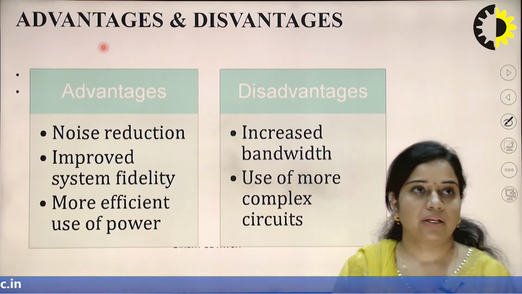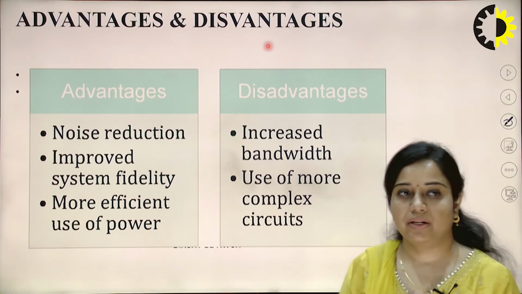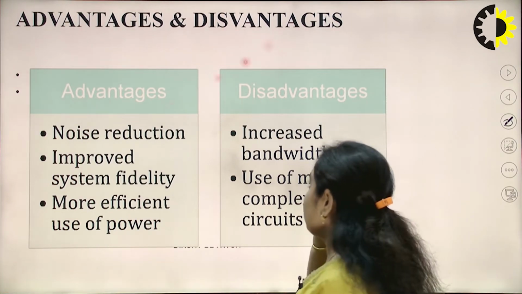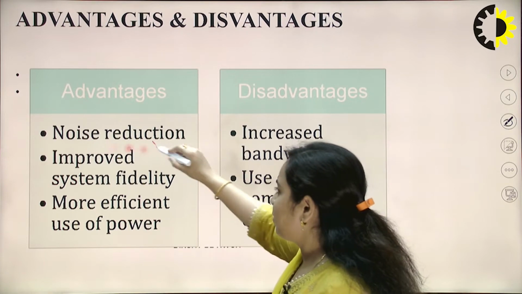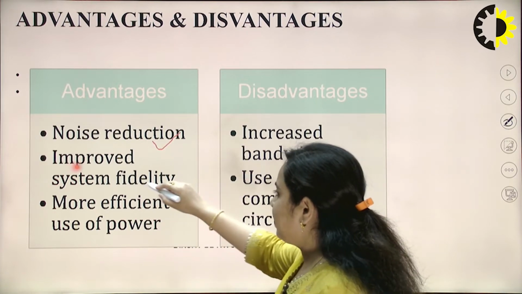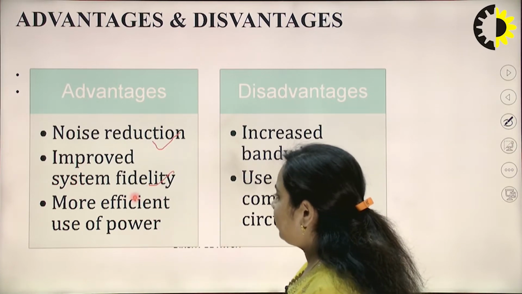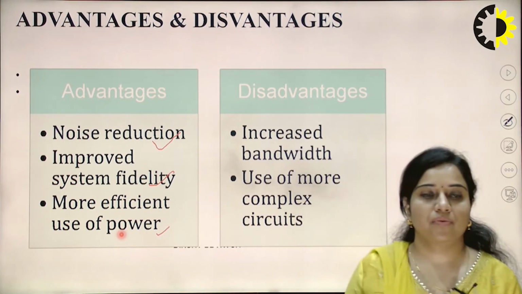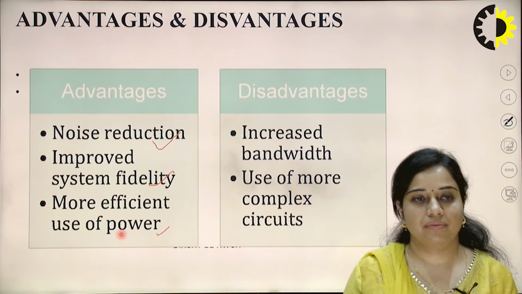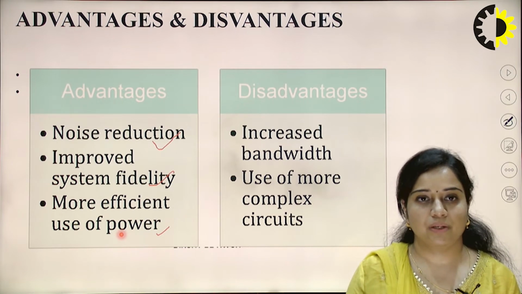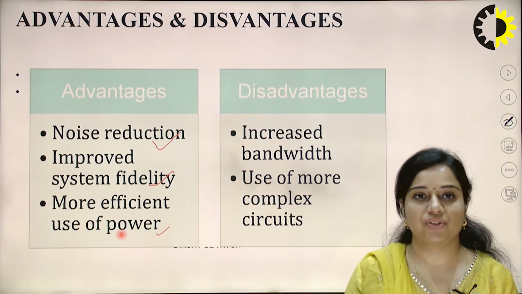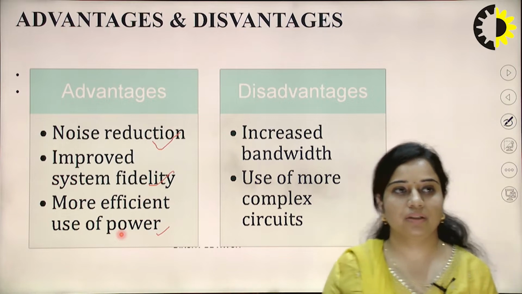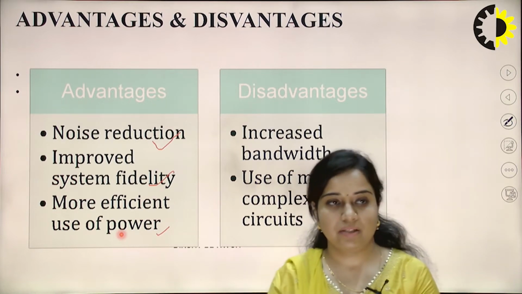Next are the advantages and disadvantages. The advantages of angle modulation are, first, noise reduction, second, improved system fidelity, and then more efficient use of power. In AM or FM, we are not transmitting extra information, we are just transmitting the sidebands.